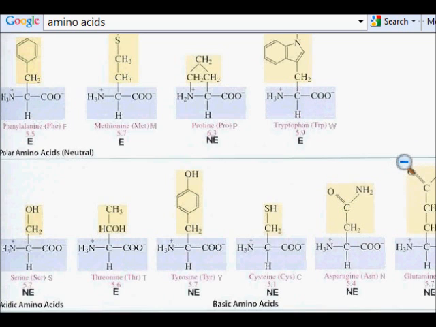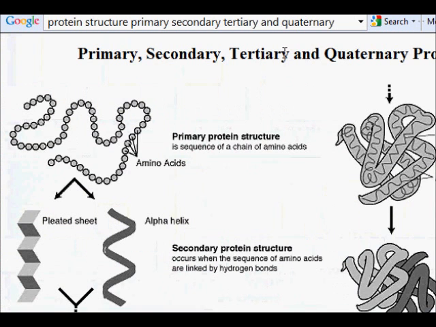And so basically what happens is, when you string a bunch of these amino acids together, they form a structure. Imagine you make a little chain of amino acids, where each of these little dots is an amino acid.